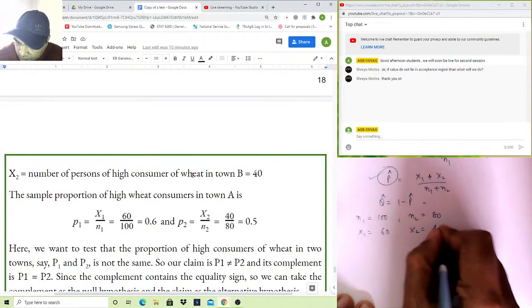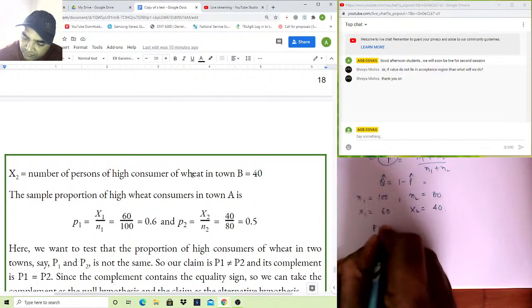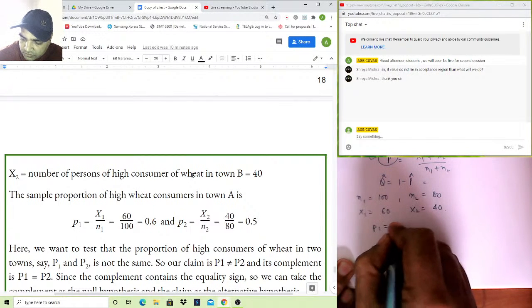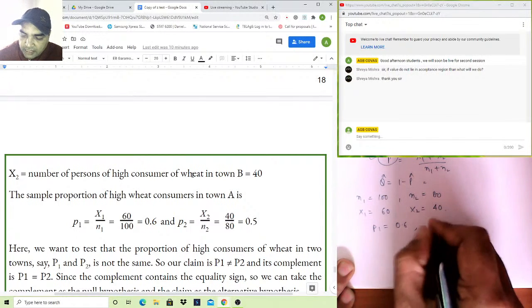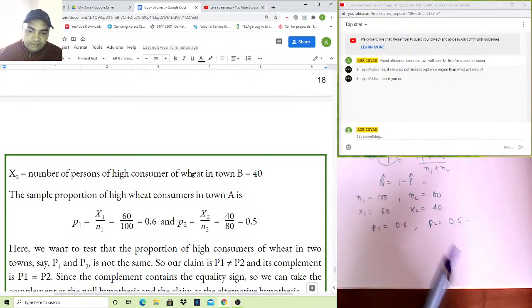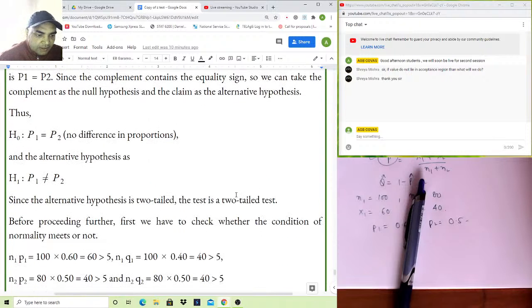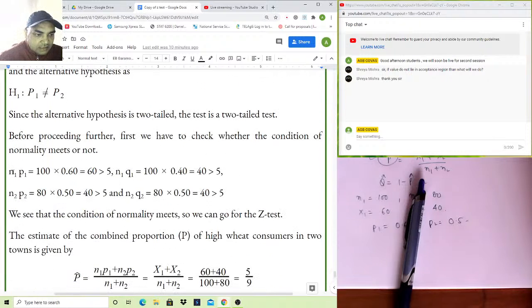From here you can calculate that p1 will be equal to 0.6 and p2 will be equal to 0.5. So our null hypothesis is that proportion 1 is equal to proportion 2, and our claim that they are not equal, the complement with the inequality sign, is our alternative hypothesis.